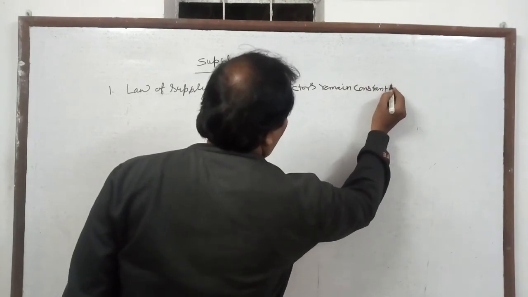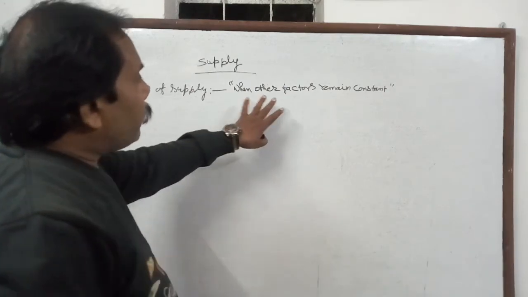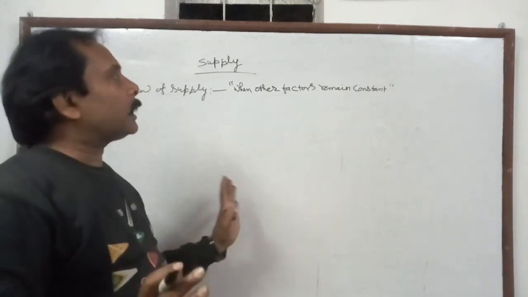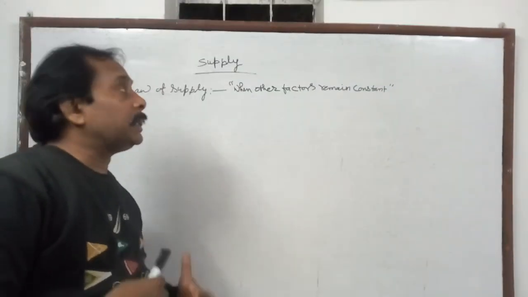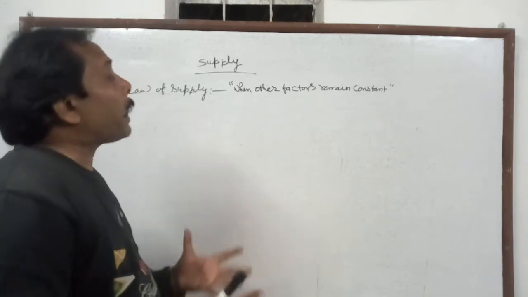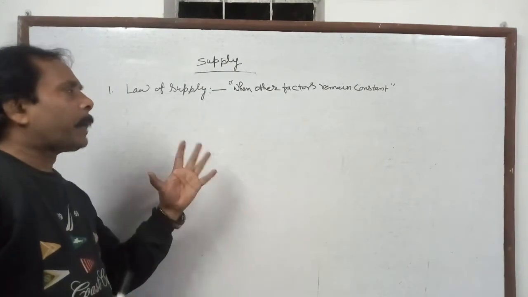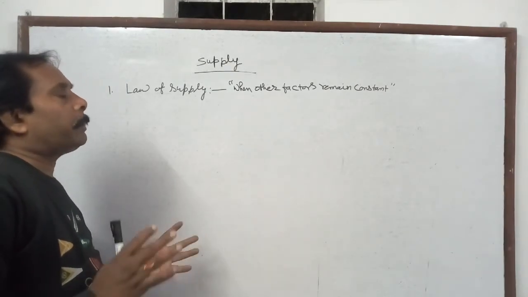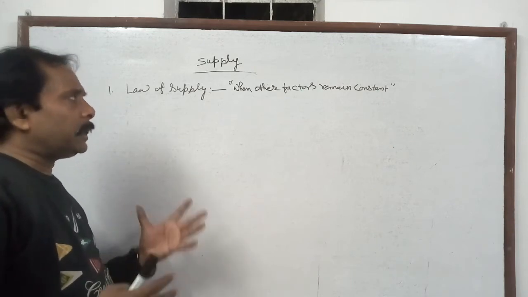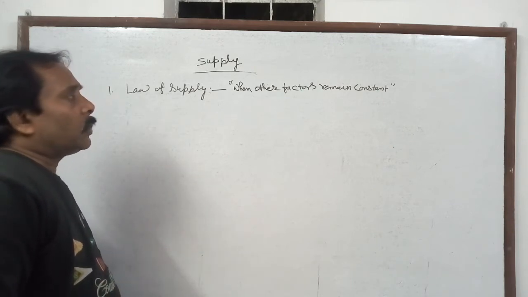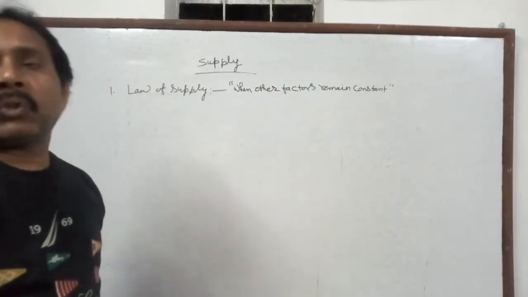This is the most important, because when the factors change, such as the number of firms, government policies, the firm's goal, and the price of related goods, the result changes. I have already discussed these. The price of the commodity itself is not so important here, but the price of other goods and a number of other things I have already discussed. So I have written here: when other factors remain constant.